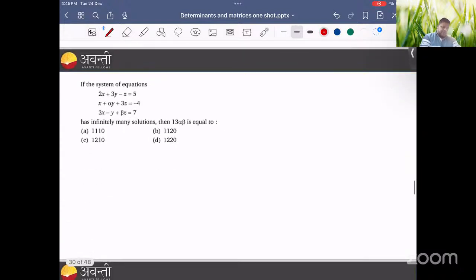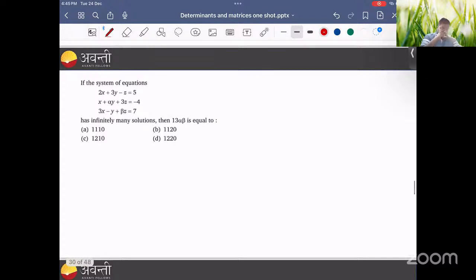Now, see, there is a question from a previous year JEE, this year only. If the system of equations has infinitely many solutions, then find the value of 13 alpha beta. Go for it. Find the value of alpha, beta, gamma.